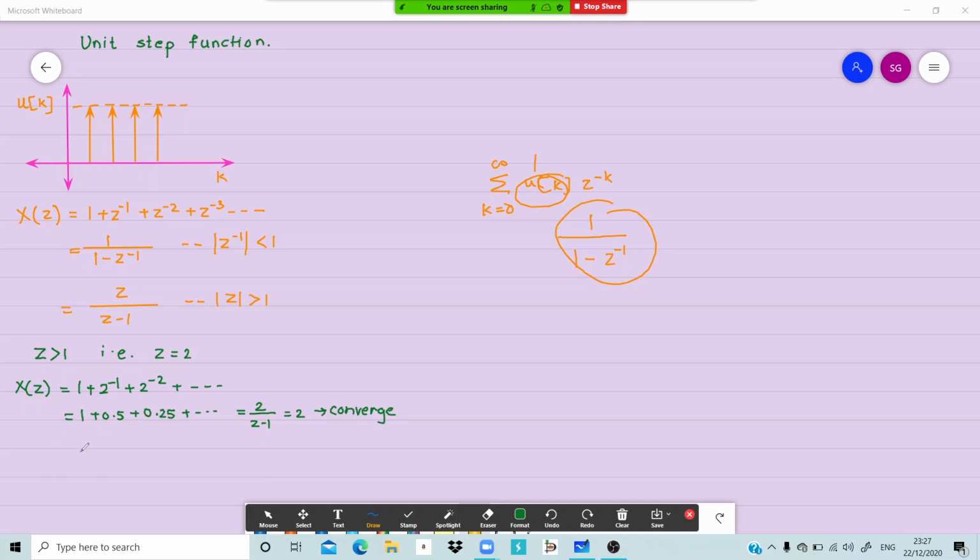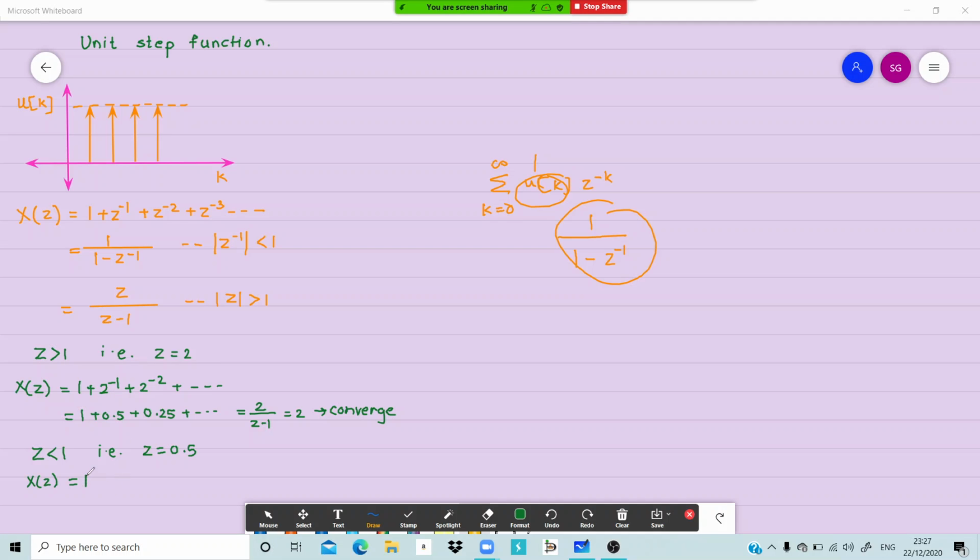Correct? But now take |z| less than 1, that is, let us say z is 0.5. Now what is going to happen for the series? Right, 0.5, that means 1 upon 2.